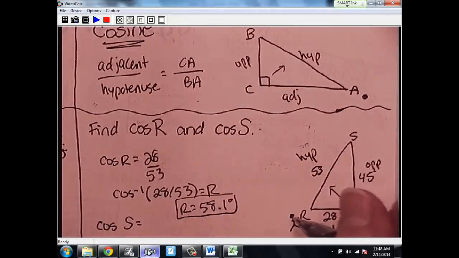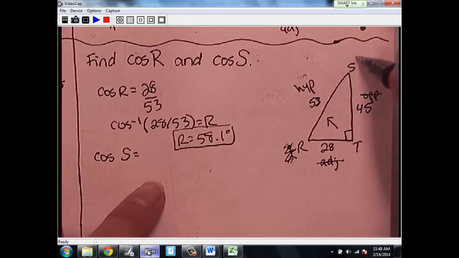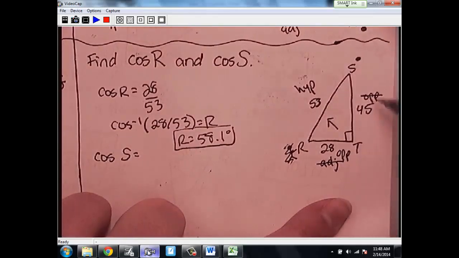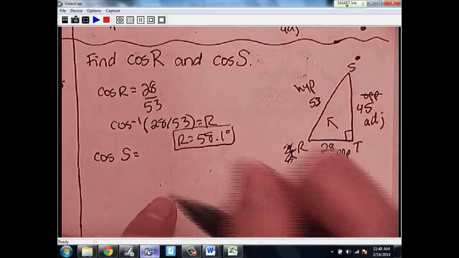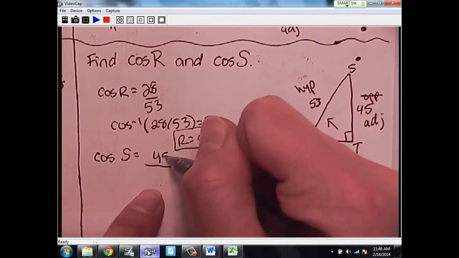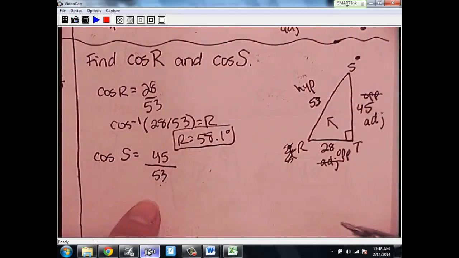Now S, so now I'm not standing at R. This is an adjacent and this is an opposite. If I go to S, across from S, this is my opposite, and now this is my adjacent. Cosine says what? Adjacent, which is 45, over hypotenuse, which is 53.